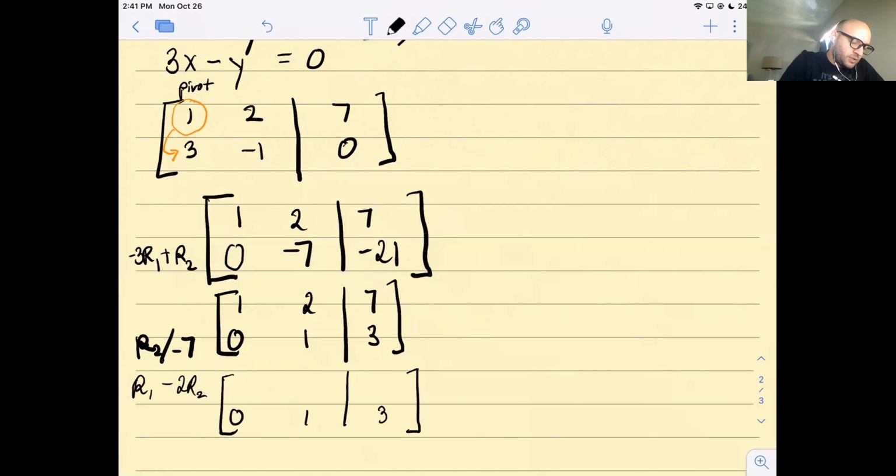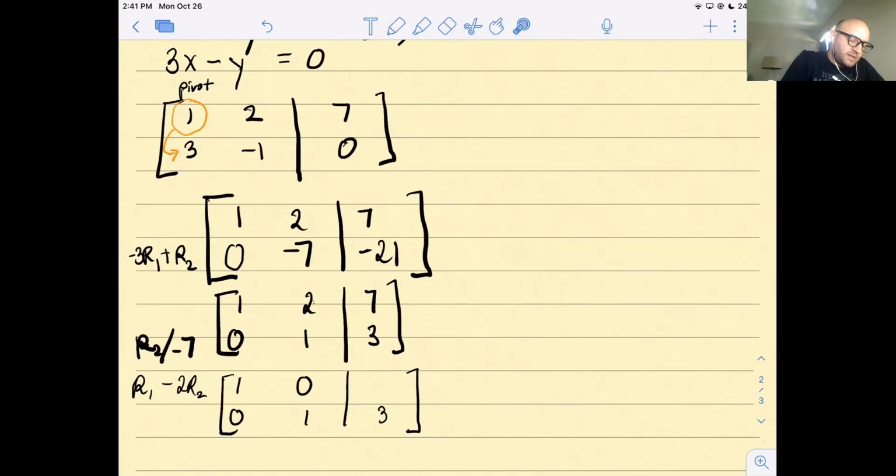So this will be just 1, because 1 minus 2 times 0 is 1. Then it's going to be 2 minus 2 times this guy, which is going to be 0. And what is the last part here?